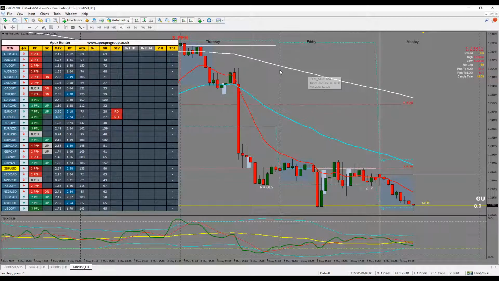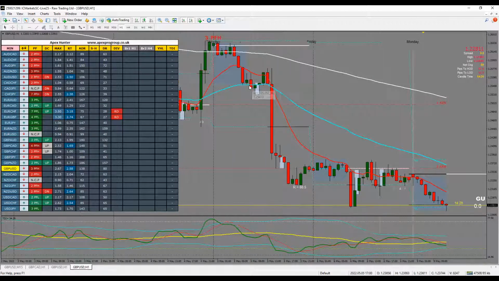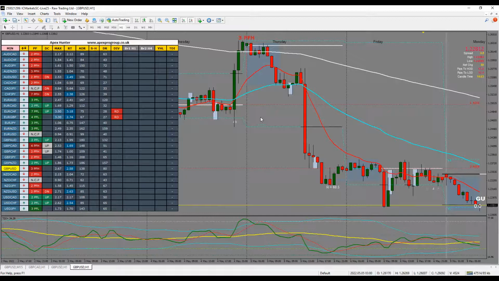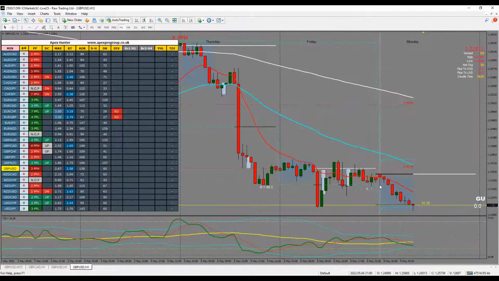We can also see that the EMAs are really spread out. We're over 2.5 ADR, so it'd be worth counting your levels up here and seeing if you wanted to look for some kind of reversal. We've had 1, 2. We could have some more drop here because we've only had two real days.